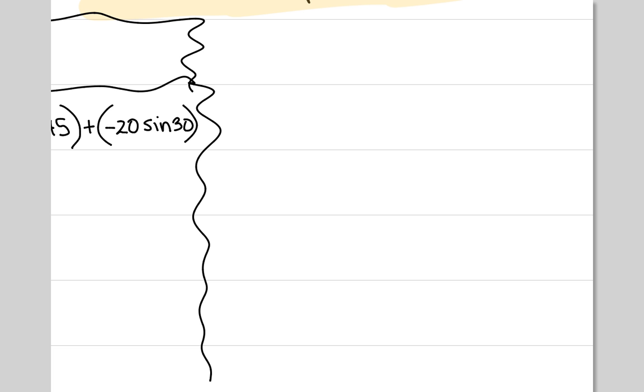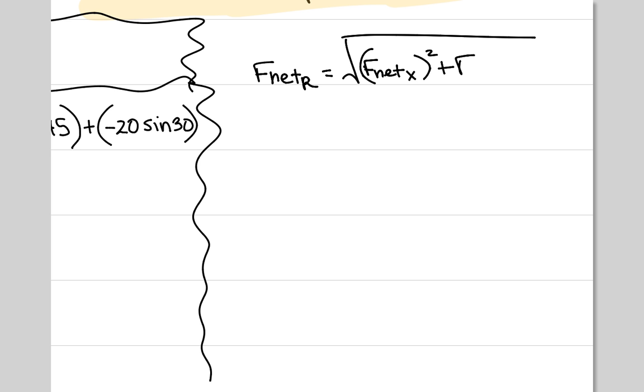And this is always the same if you follow these tips. Make your angles with the x-axis, resolve everything into their components, keep it separate, x over here, y over here, and then this always happens where you have F net r as the Pythagorean theorem for F net x squared plus F net y squared.